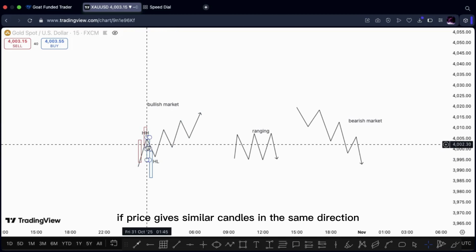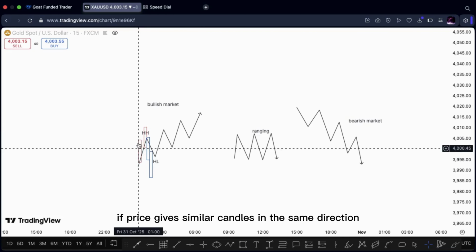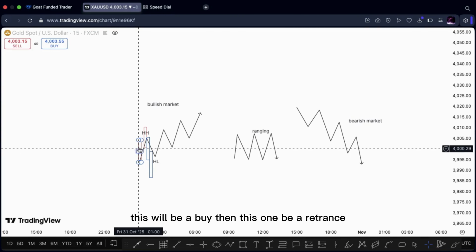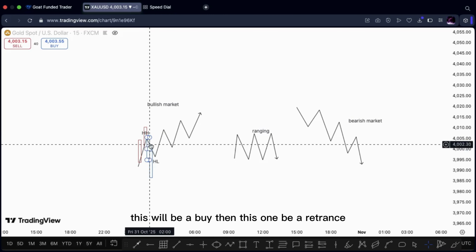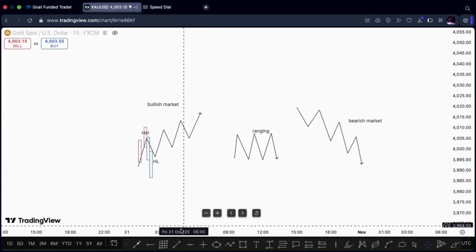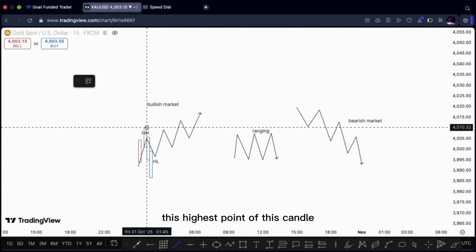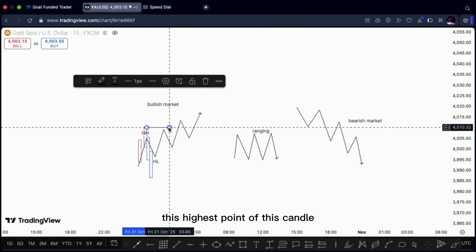Then after, if price gives similar candles in the same direction, for example, if your bullish candles are colored red, this will be a buy, then this one will be a retrace. What you want to see is price breaking the highest point of this candle.